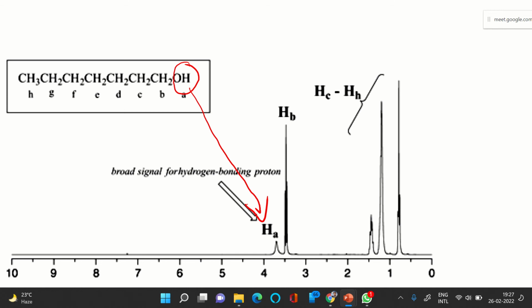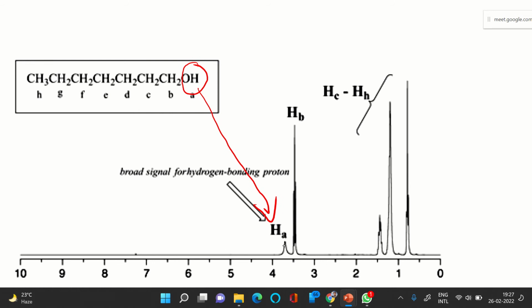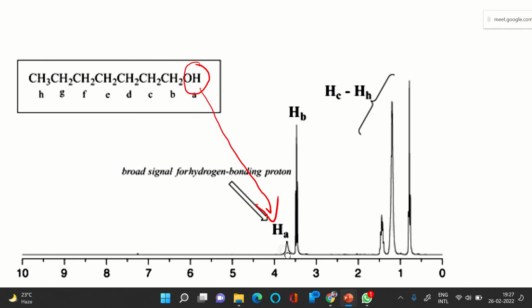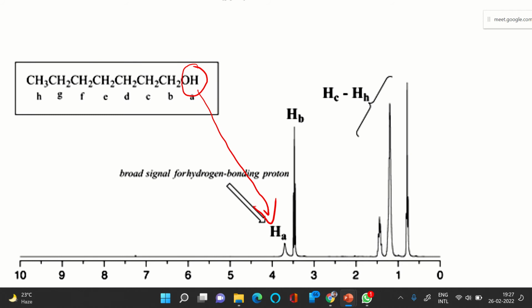As I told you, if you calculate the full width at half maximum, that gives you an idea of the width. The full width at half maximum would be somewhere here. So you see, at half height it has a substantial width as compared to other peaks. This is the maximum, and half of this will be very small compared to the full width at half maximum for this. That's why we say that the signal appears broad.